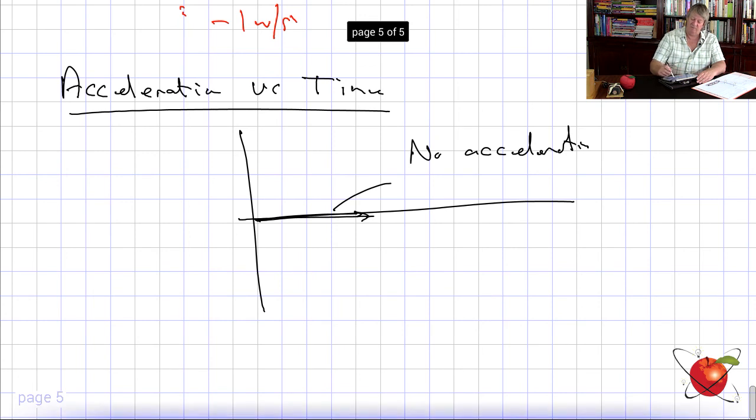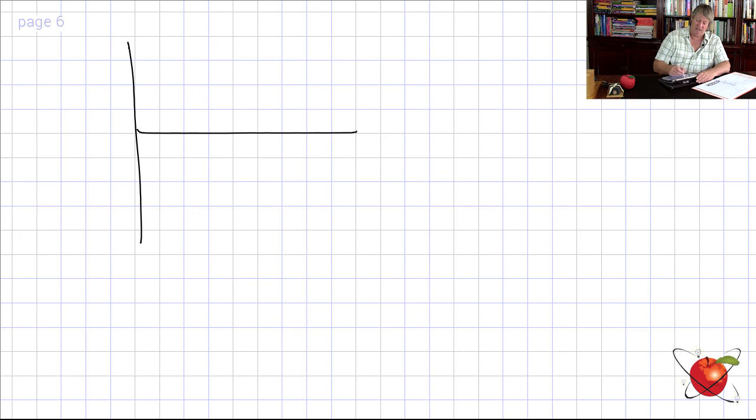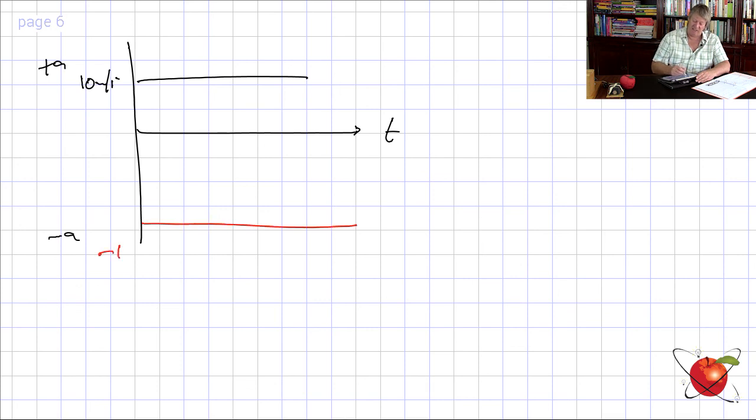The next one is going to be this guy here. Plus a, minus a. Once again, the value over here is 10 meters per second squared, and down at the bottom, red, minus 15 meters per second squared. What does it mean?